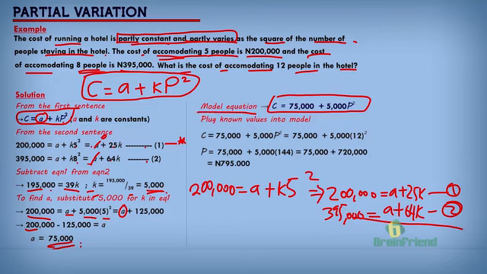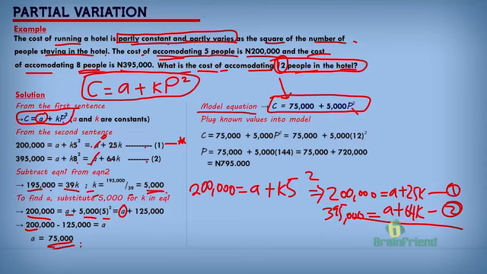So all we need to do to find the cost of accommodating 12 people in the hotel is to impute known values into this model equation, and we'll have our unknown. So let's do that. 12 is the number of people we require to find the cost of accommodating. P is 12. So we simply impute P into our model equation.